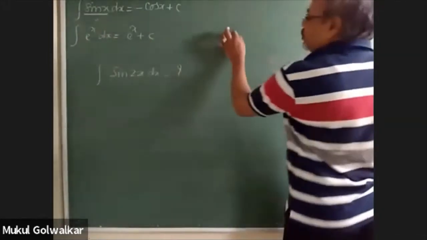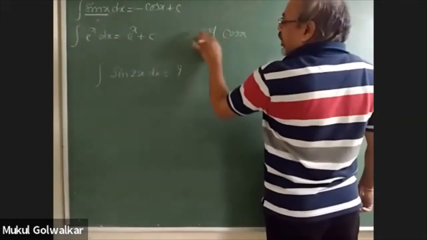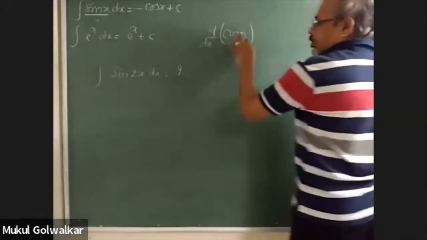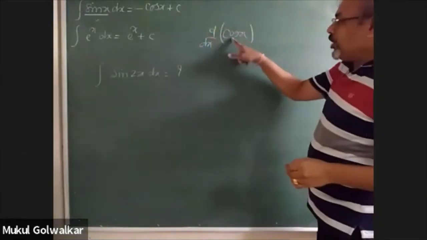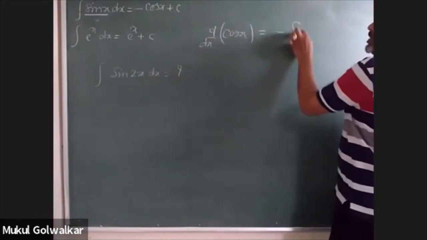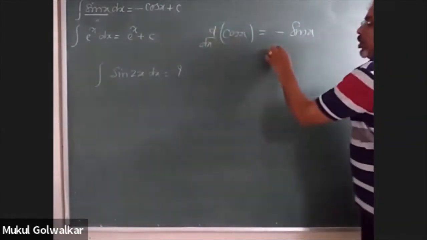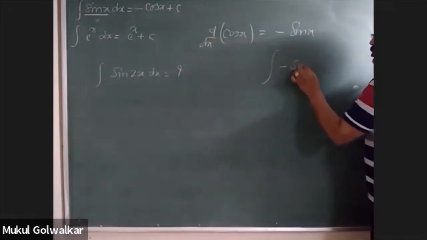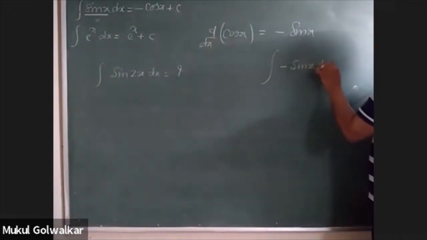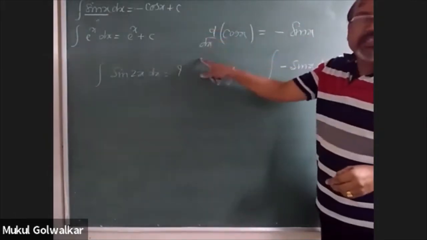For example, if I differentiate cos x, so derivative of function of x that was done, and we got answer is equal to minus sin x, correct? And to remove this derivative, if we try to integrate minus sin x dx, how did we get minus sin x? That was the result of differentiation.